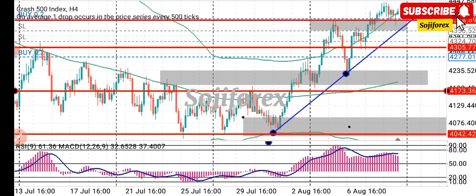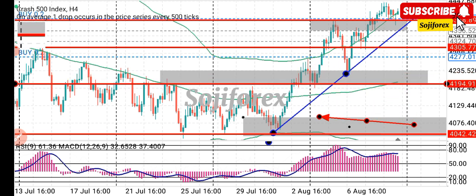Now in this particular scenario, look at what happened here. Price break. Here is an area of resistance. Price break out of this resistance. Anytime price break a resistance, we are expecting price to retest it, validate that resistance to become a support, and then we move to the upside.